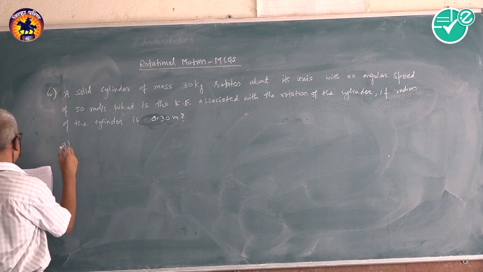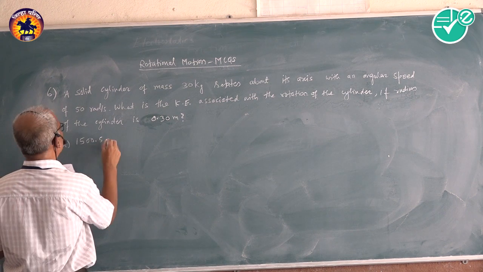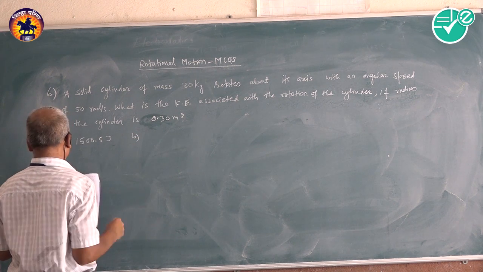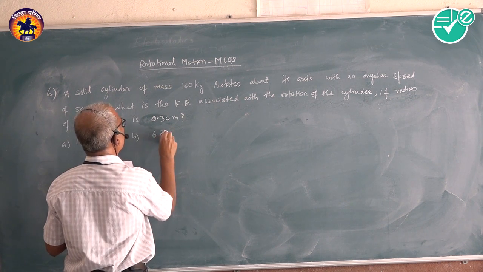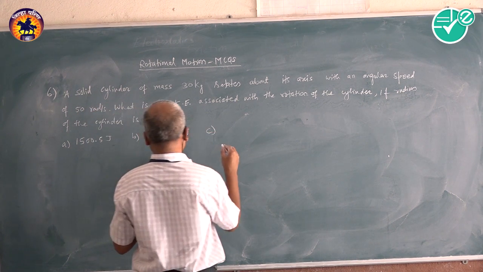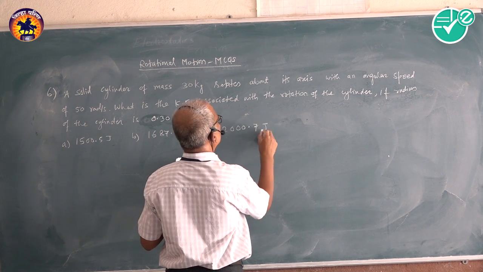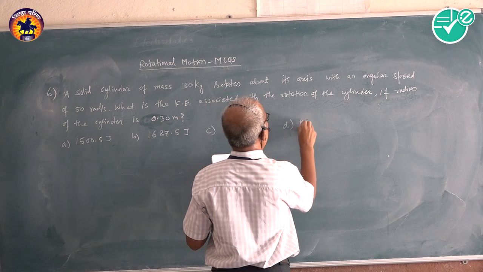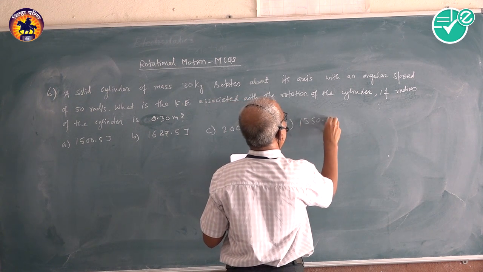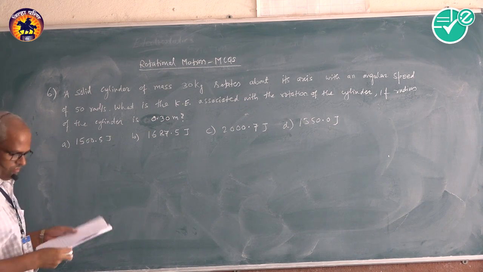Options: 1500.5 joule. Next option 1687.5 joule. Next 2000.7 joule. And next is 1350.0 joule.